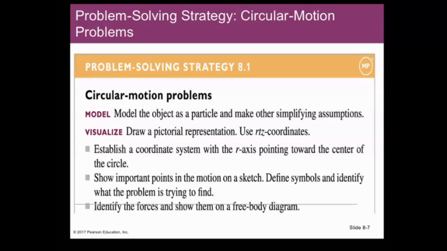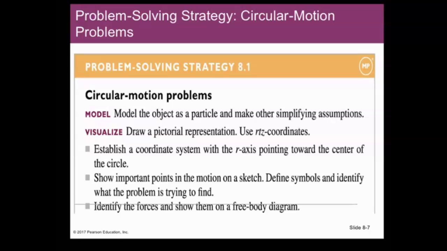So we'll adopt the following problem-solving strategy for circular motion problems. We'll model the object as a particle and make other simplifying assumptions, and visualize with a pictorial representation using the r, t, z coordinates. In our visualization, we'll establish a coordinate system with the r-axis pointing towards the center of the circle and show important points in the motion on a sketch, define symbols and identify what the problem is trying to find.